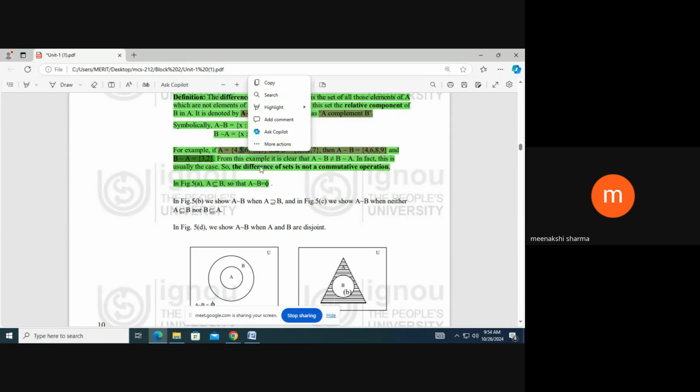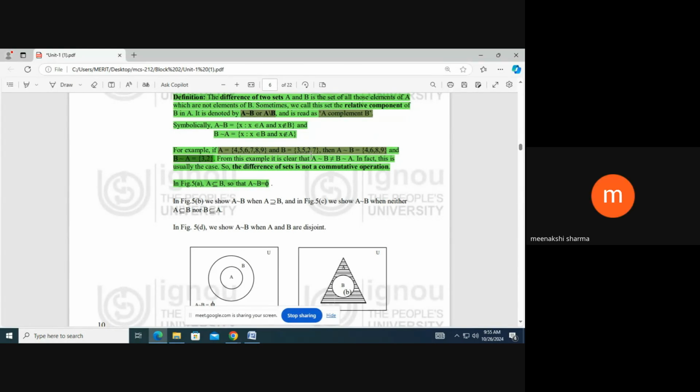Student, you understood the common elements? Yes, ma'am, I understood. But at the top there is an option, the relative complement of B in A. At the top there is a line. Yes, there is another question: B difference A. We use just set B's elements that do not belong to set A. Those elements that do not belong to A, we take here.